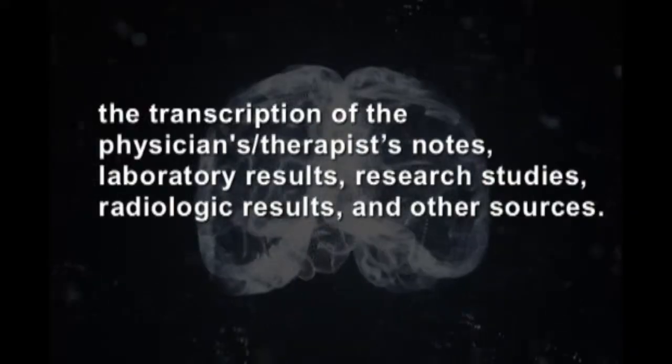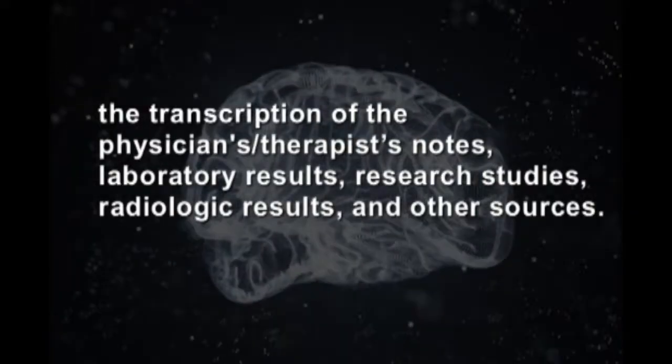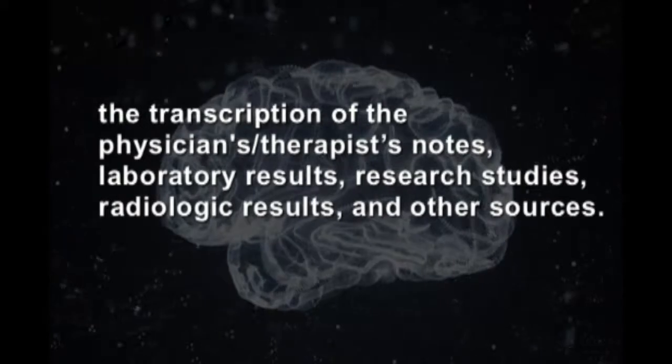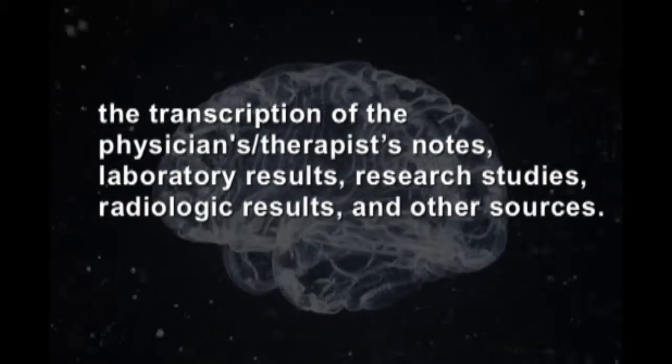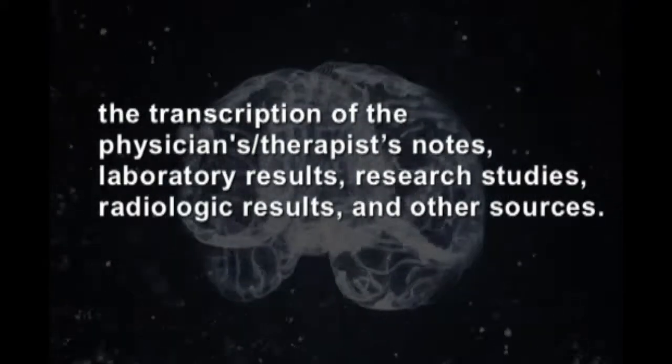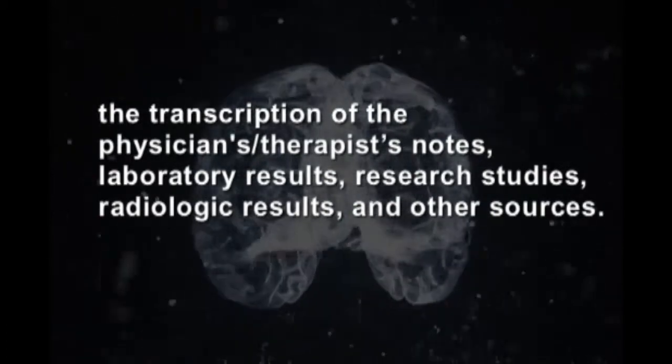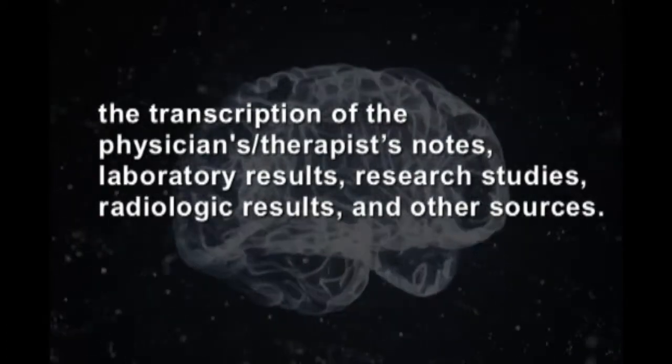The diagnosis and procedures are usually taken from a variety of sources within the physical healthcare system and psychological healthcare records. We can include the transcriptions of the physicians or the therapists, their notes, laboratory results and records, research studies, radiologic results and several other sources.